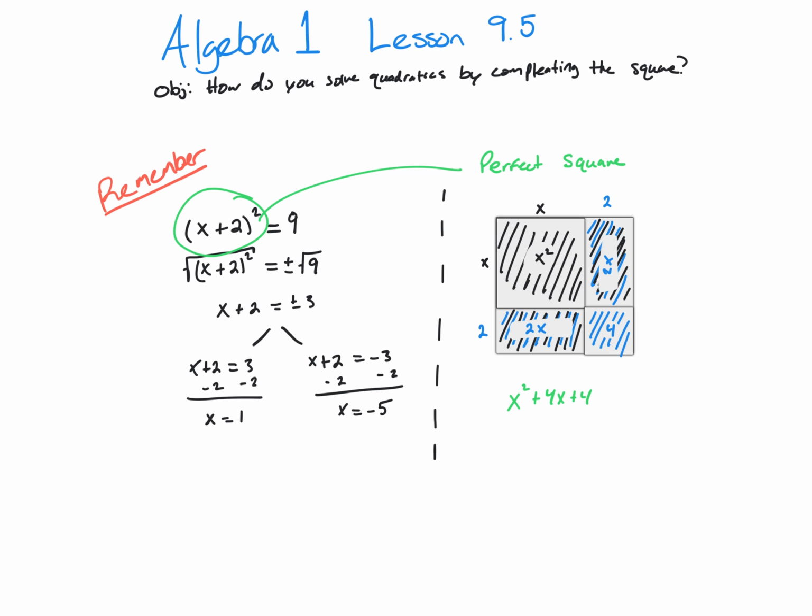This rectangle has 2 by x, and then this one is 2 by 2, so the area of that one is 4. So 2x plus 2x is 4x, so the area of this whole big square is x squared plus 4x plus 4. And this is a perfect square, and so we can take the square root of it to simplify down and solve.